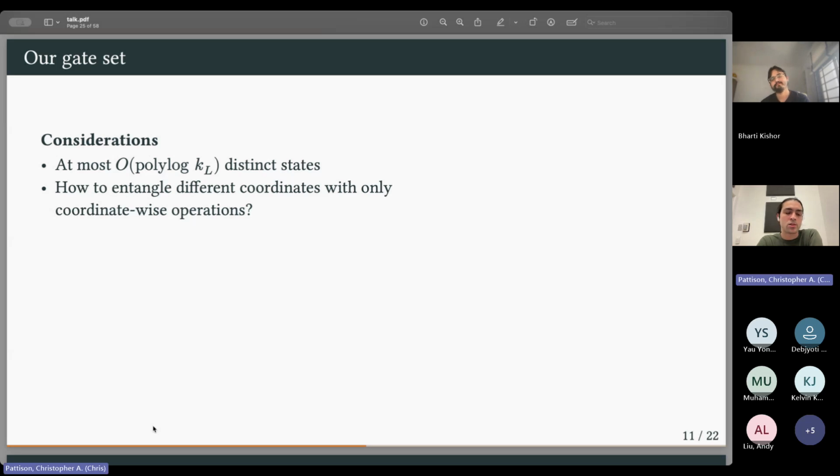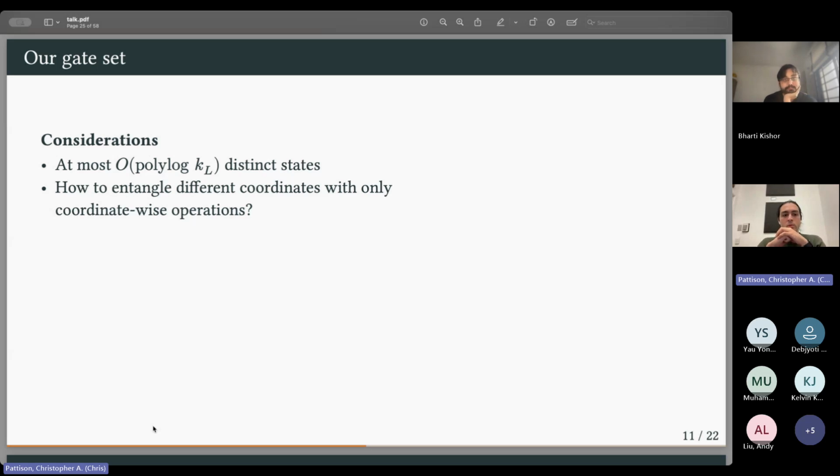Since we're distilling our stabilizer states, one of the things that we did was distill them in bulk. So instead of running some costly distillation circuit and getting just one resource state out, we're actually going to get many, and that's going to allow us to amortize the cost, much like regular error correction.